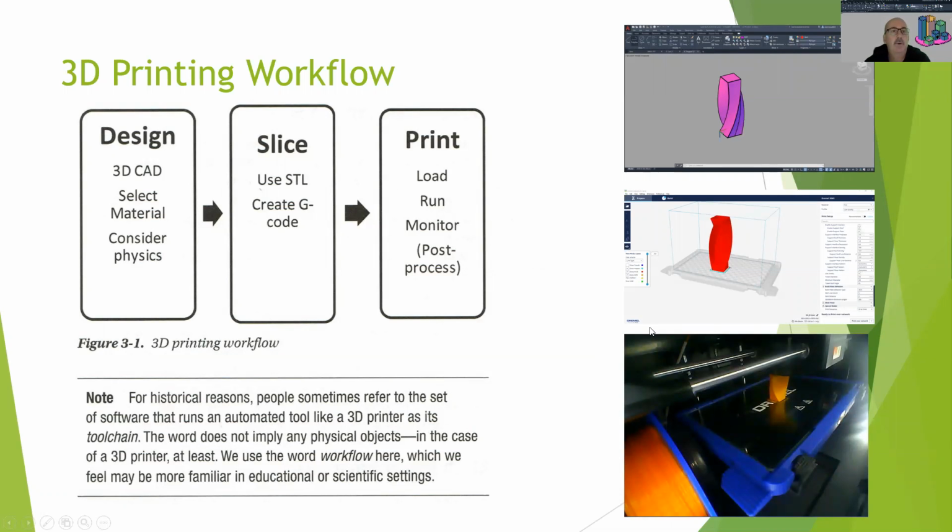3D print workflow basically works like this. You have the design, the 3D CAD product, and we're using AutoCAD in this example for our next project, which is going to be a vase. And then you have our slicing software, which is the Dremel DigiLab slicer.